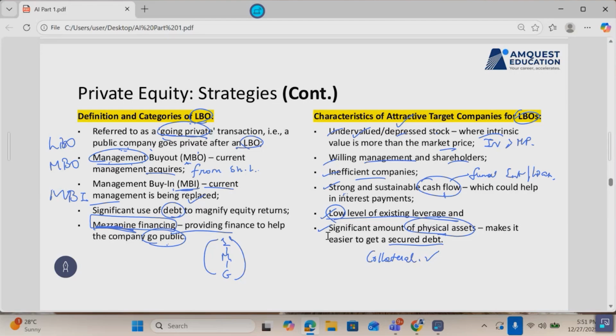So these are very important reasons or types of companies that are attractive for the purpose of a leveraged buyout. Clear? Okay, this is very important. Somewhat straightforward and understandable, but that is how a leveraged buyout would happen.